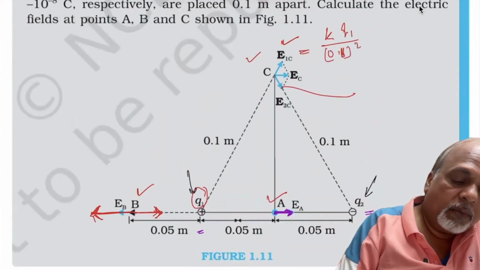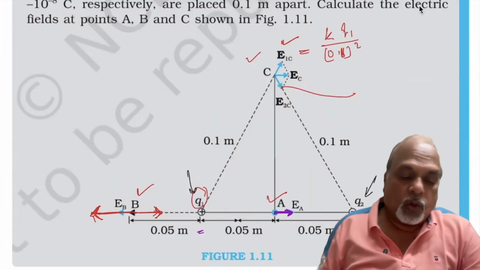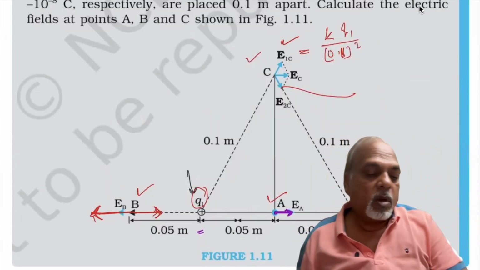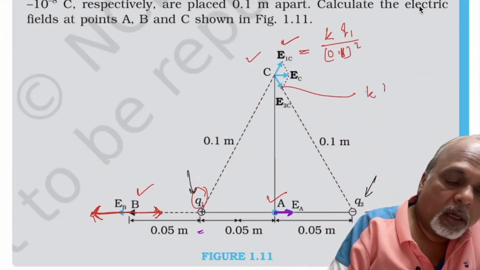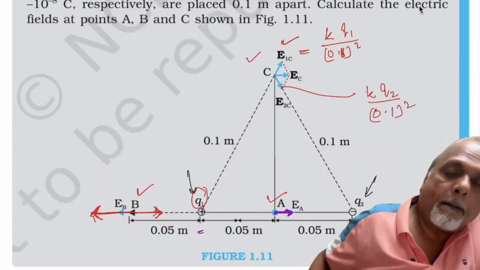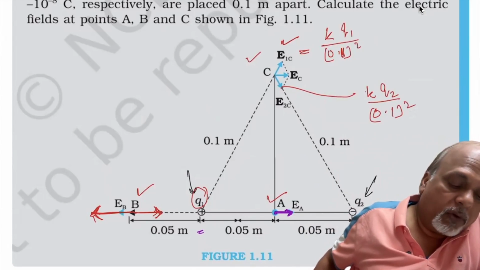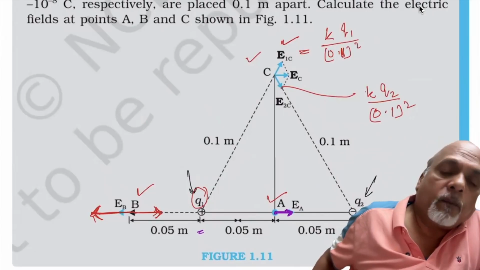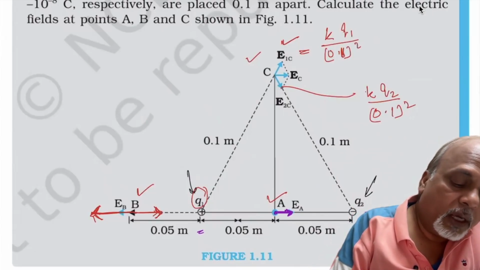And then, since it is a minus charge, the electric field direction will be towards Q2, and this is your K Q2 over 0.1 square. Correct. Now we have to vectorially find the resultant of this EC.